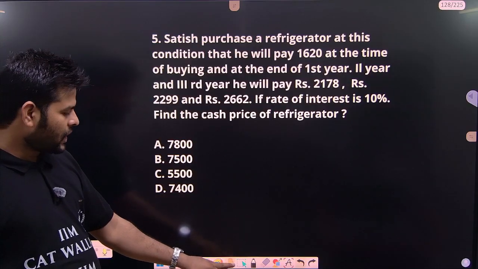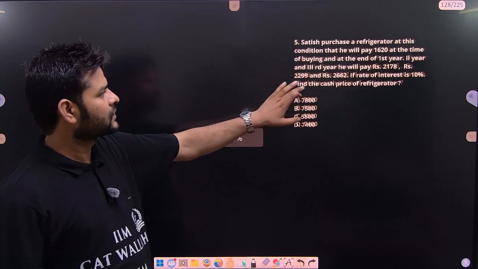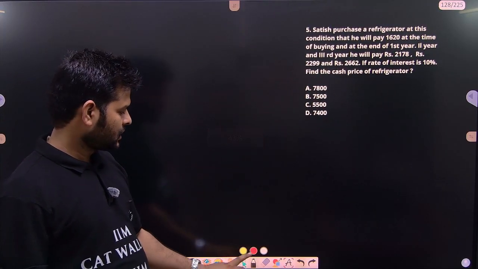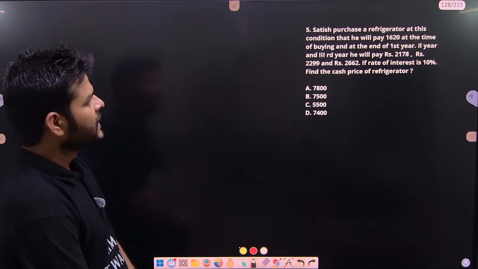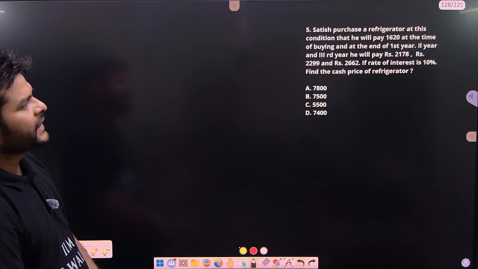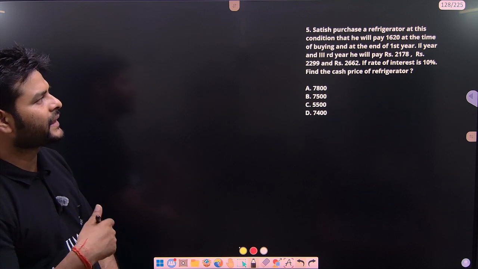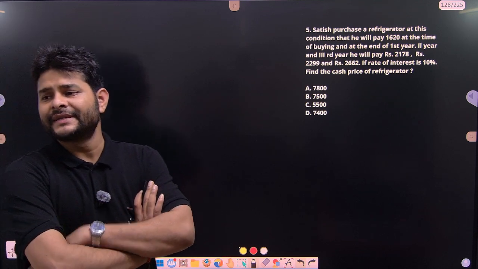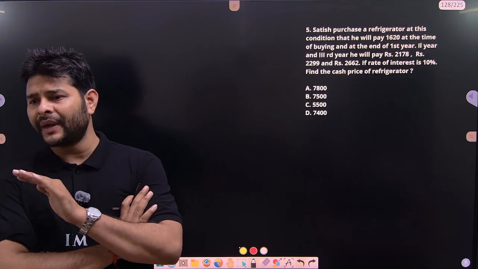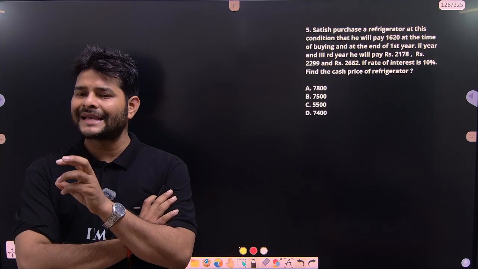Guys, let's see how to take the approach. The question says Satish purchased a refrigerator on the condition that he will pay 1620 at the time of buying. Whatever amount we pay at the time of buying is called the cash down payment.